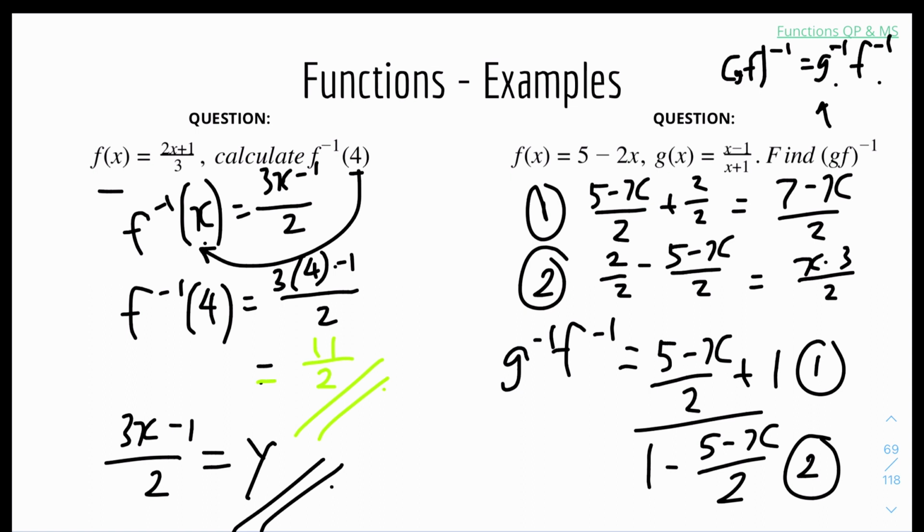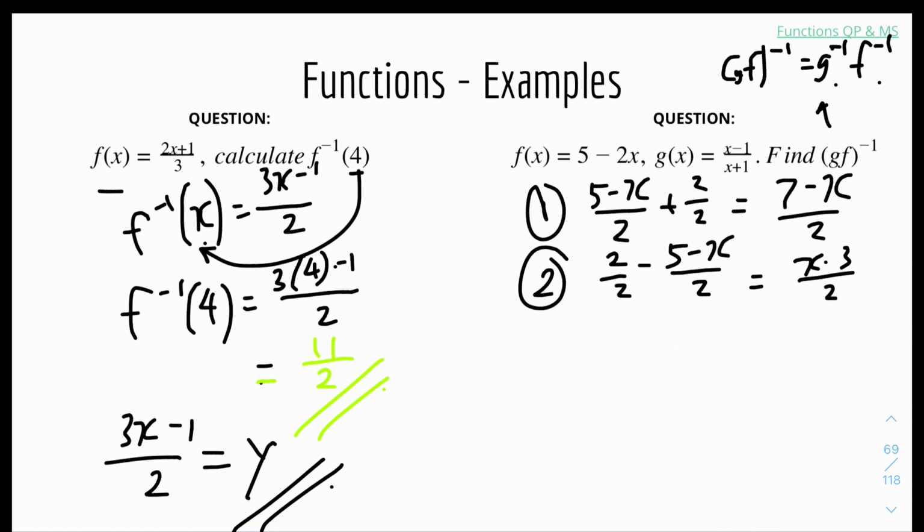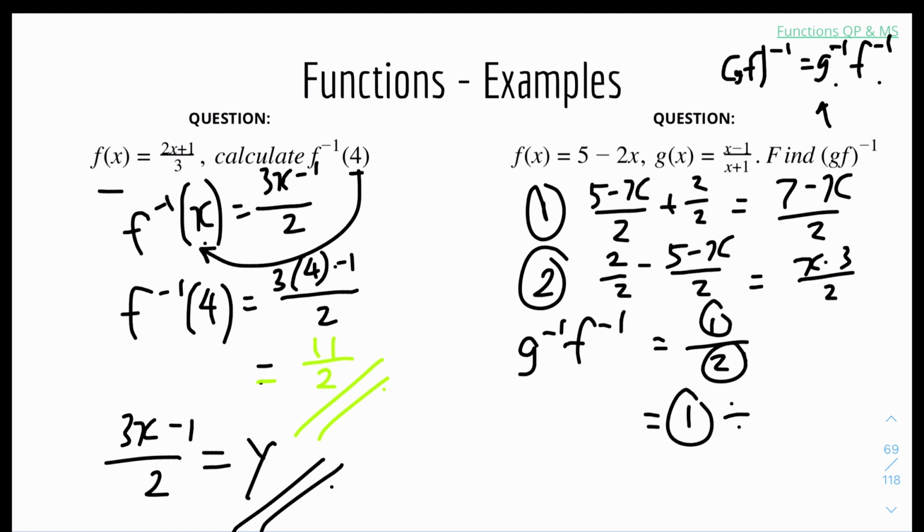Let's just rewrite this. And then when we have what 1 and 2 are, basically g inverse f inverse equals 1 divided by 2, which means 1 times 1 over 2. As we know, 2 is a fraction, and when you have something over a fraction, we can flip the fraction over so that the denominator becomes a numerator.